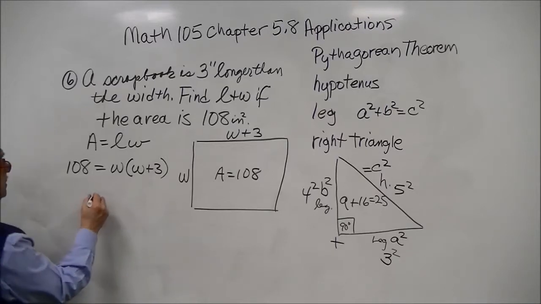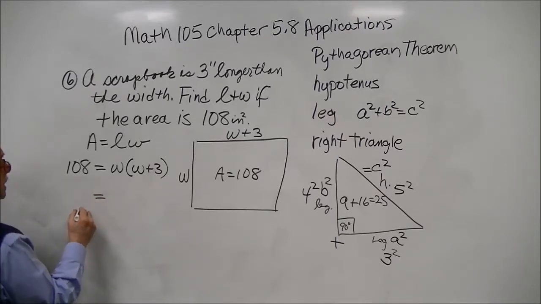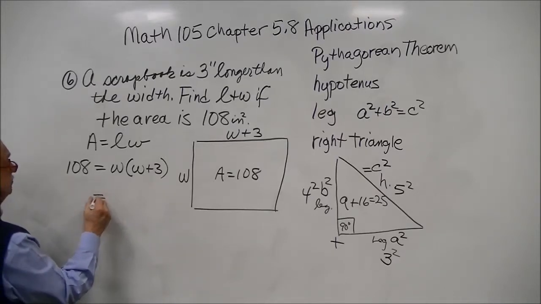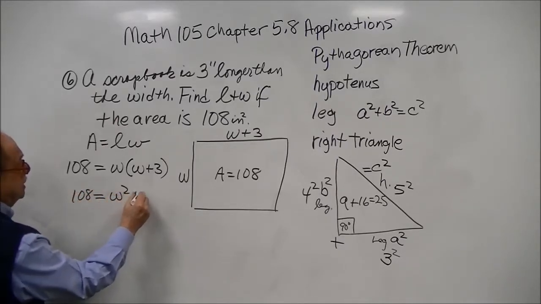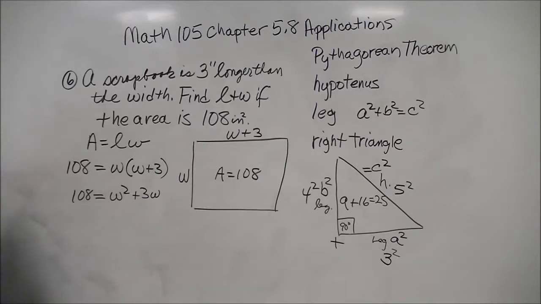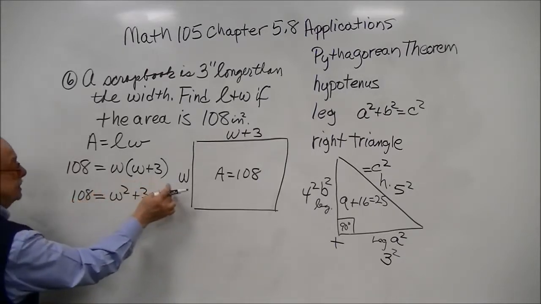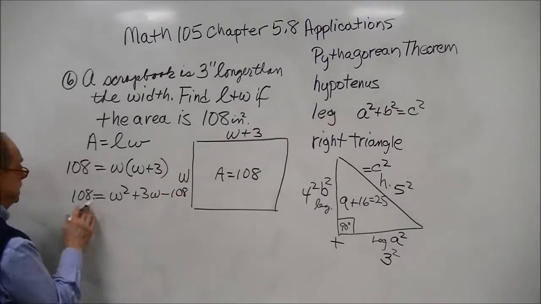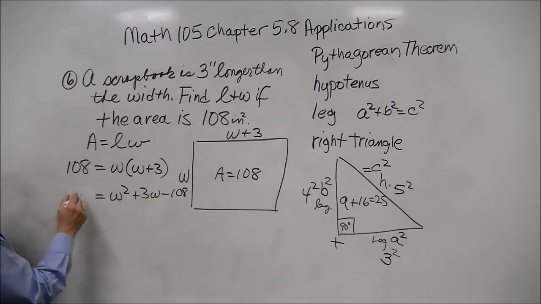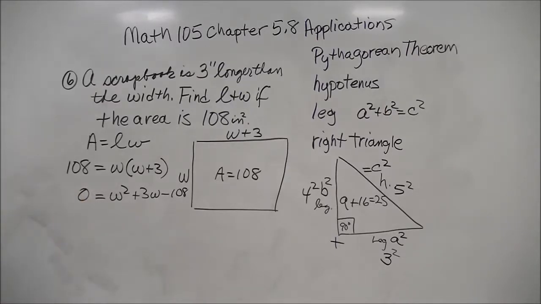So this is going to become 108 equals w squared plus 3w. And I'm going to take the 108 over to this side to put it in standard form. And there's my equation.